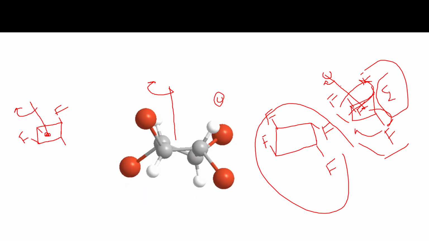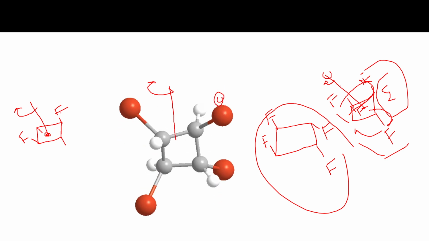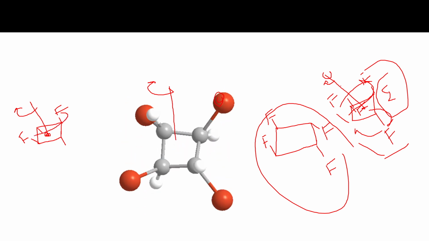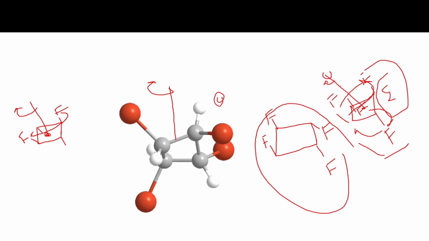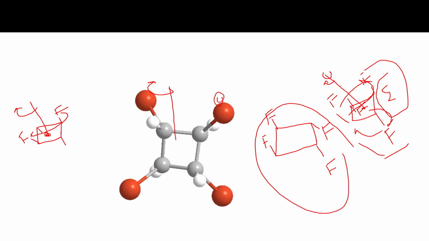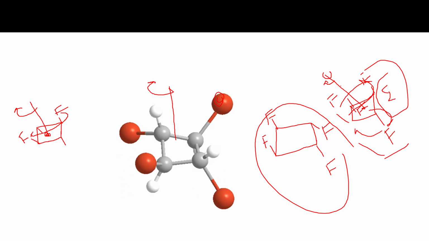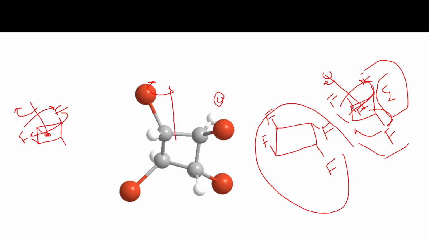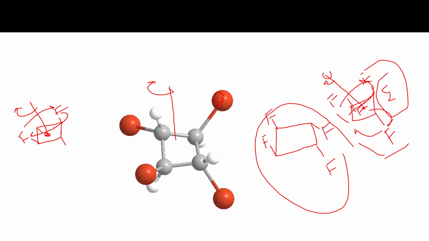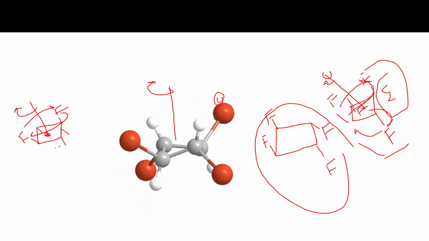Because if you rotate this one 180 degrees, then this fluorine is coming here or not? Okay, sir. Yes, sir. Indistinguishable. So this one is also coming here, and that lower fluorine also coming here, and this one is coming there.